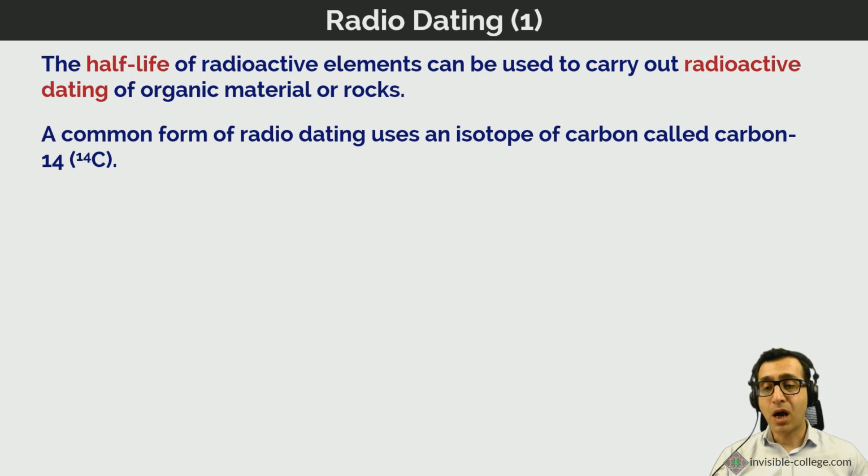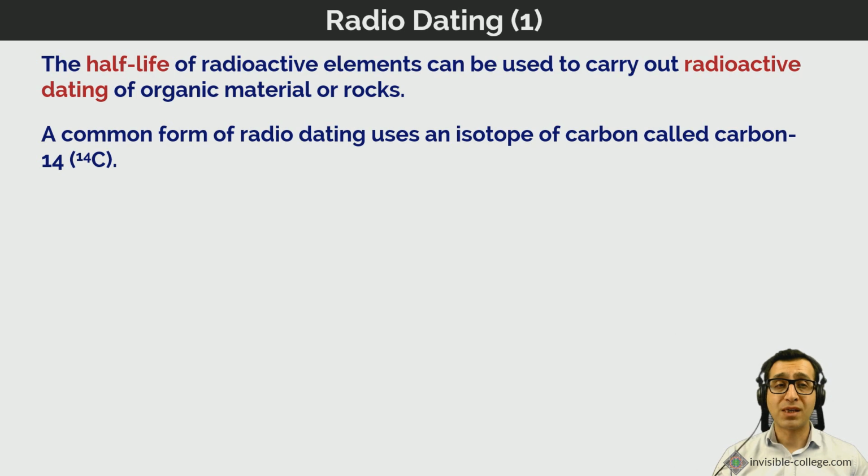Now, because carbon is the basis for living organisms, a lot of carbon is found in the remains left after living organisms die and decay. So carbon-14 emits beta radiation and degrades, as we saw before, to nitrogen.